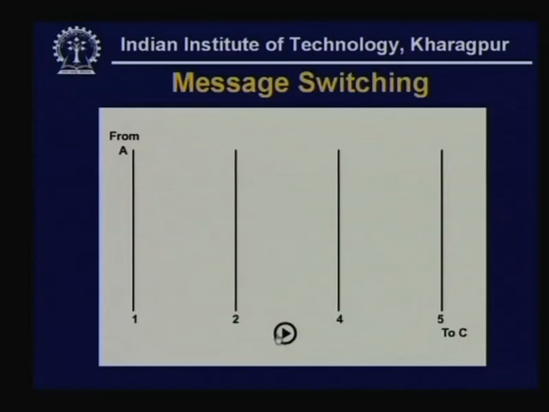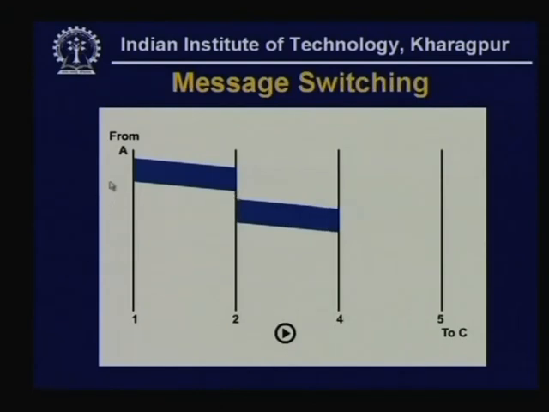So here for example, from A to C it is going. So first it will go from node A to node 1 to node 2, the entire message is sent, then it is stored there for brief duration, and there may be some delay. As you can see, there is some delay in this direction. You have got the time, and so here you have got the time in this direction.